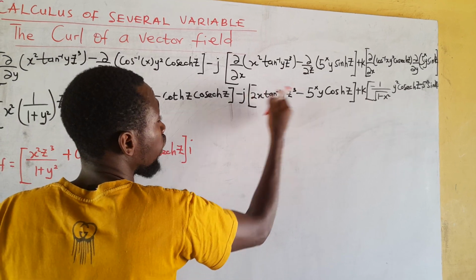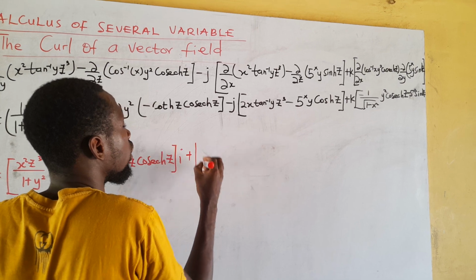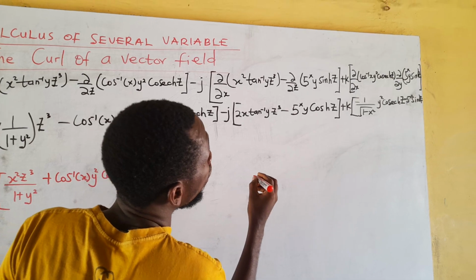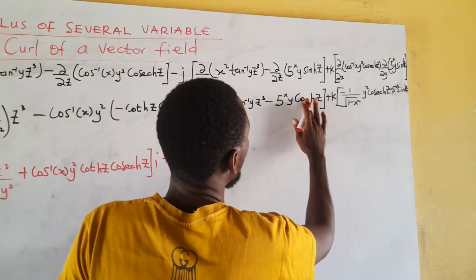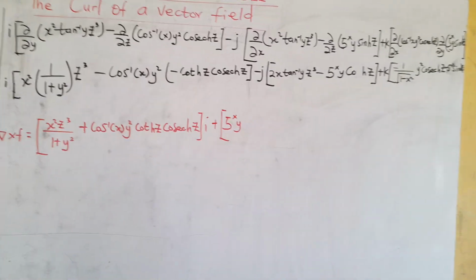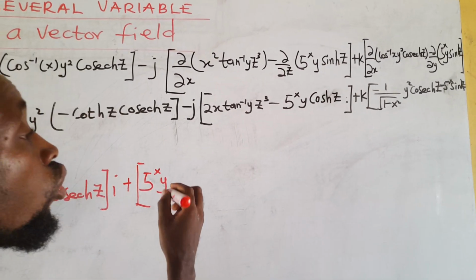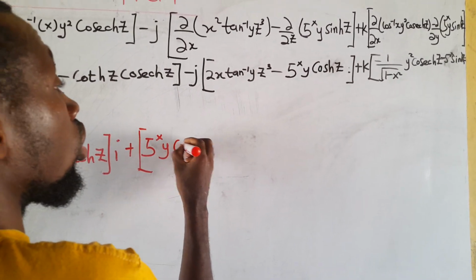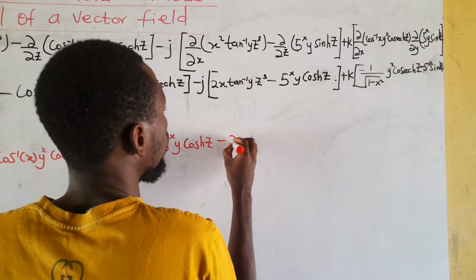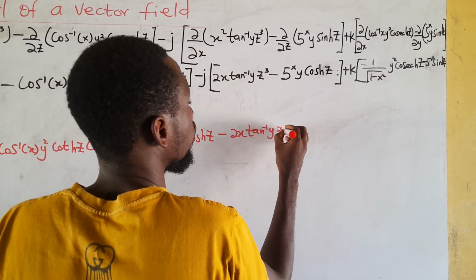Because of the negative times this will be positive, then times this will be negative. So we'll bring this first. So plus e to the power xy cosec, this is cosec, right? e to the power xy cosec z. So it's cosh. That's the differential of sinh is cosh. So we have y cosh z, then minus 2x tan inverse of y z cubed.